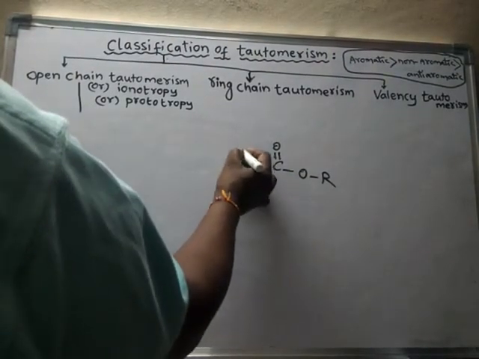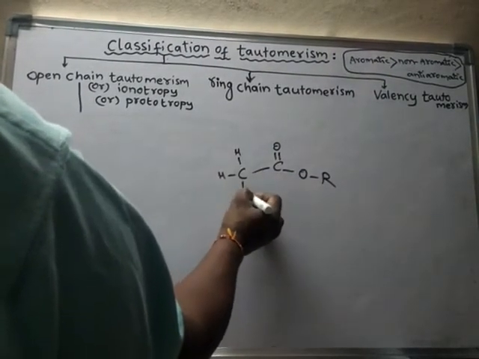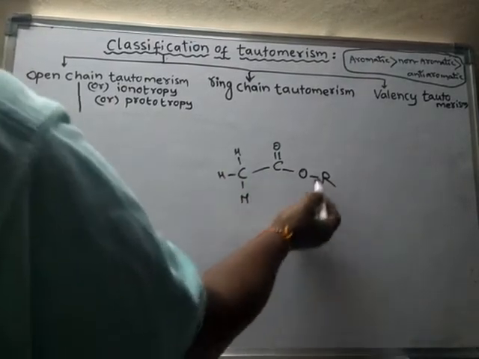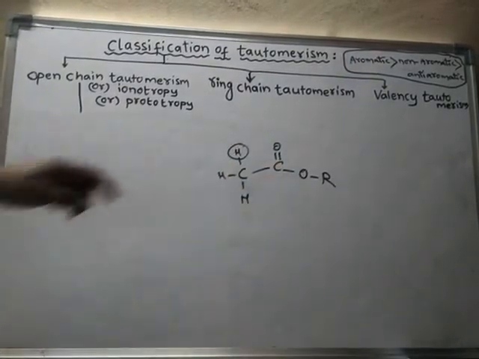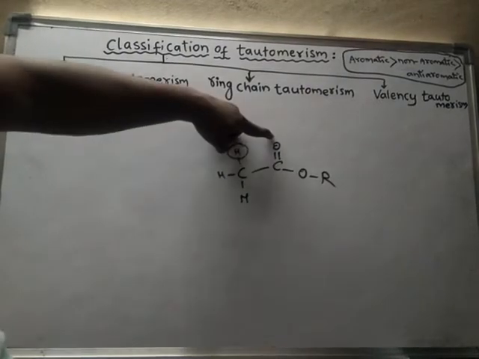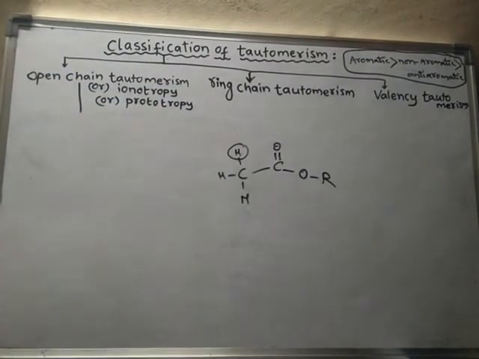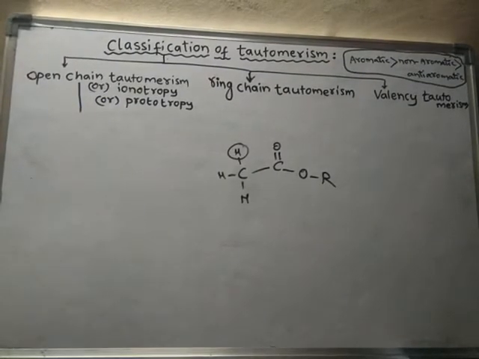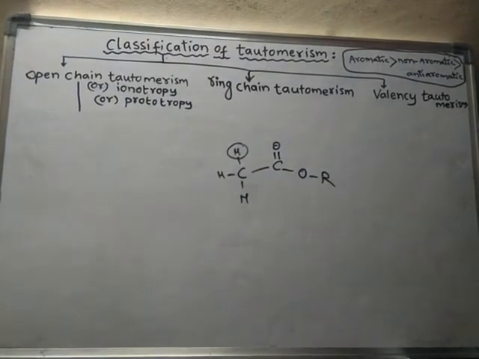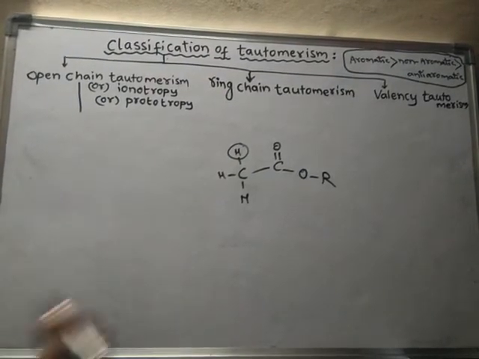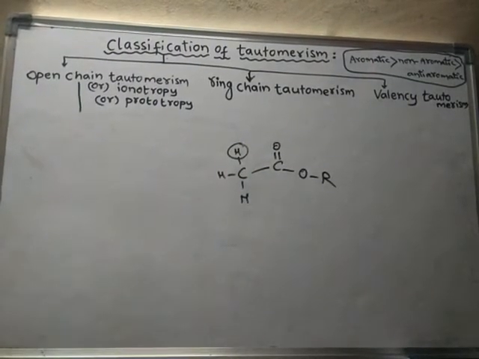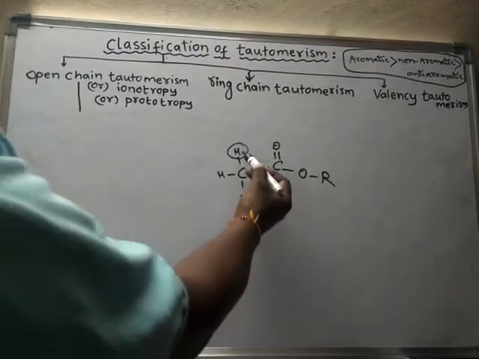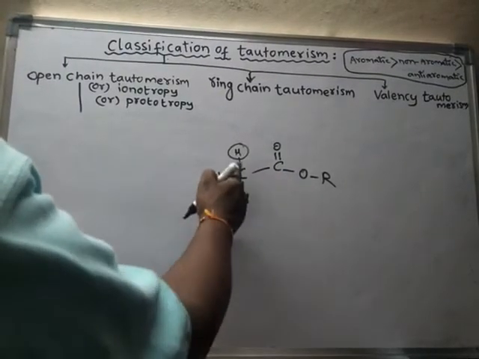Simple esters will be like this. In simple esters, this hydrogen cannot move to this oxygen so easily. Hence, it does not form this tautomerism. This hydrogen is called alpha hydrogen, and it is not having that much acidity, so it cannot detach from here.